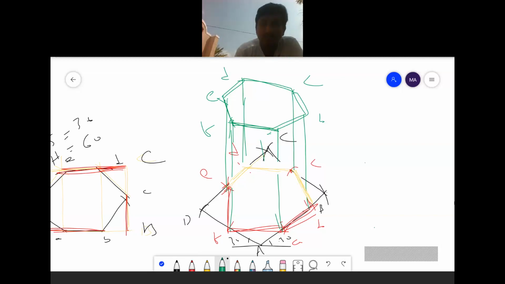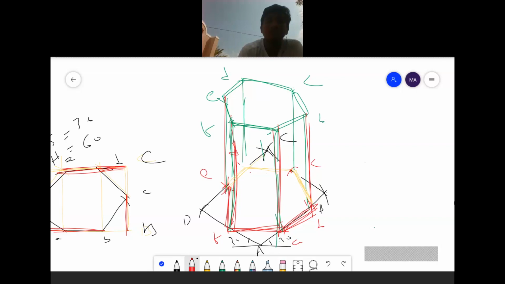Whereas in the hexagon, this one is visible, this one is visible. Visible views I am giving with a red pen. This one is visible, this one is visible.